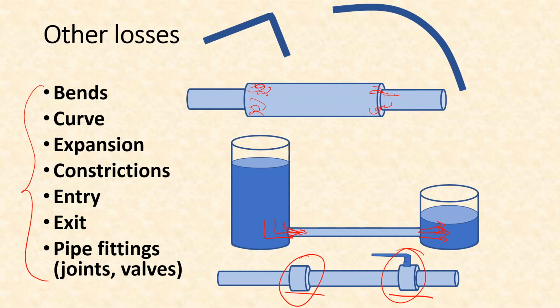And that's because in most cases the pipelines are very long, and whatever head is lost due to friction is considerably higher than all these losses, and therefore that is called major loss, and all these losses are called minor losses.